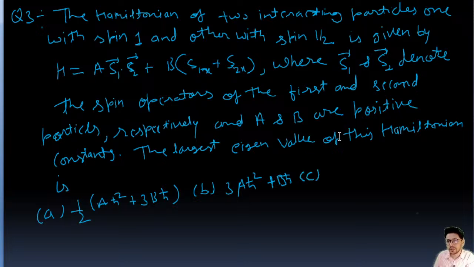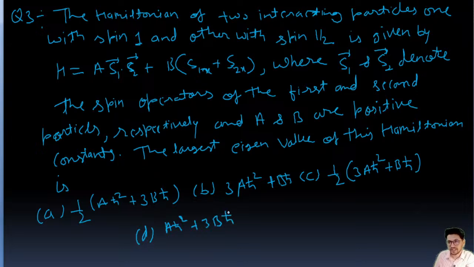Option C is half 3 A h cut square plus B h cut. Option D is A h cut square plus 3 B h cut. So this is the question, guys.